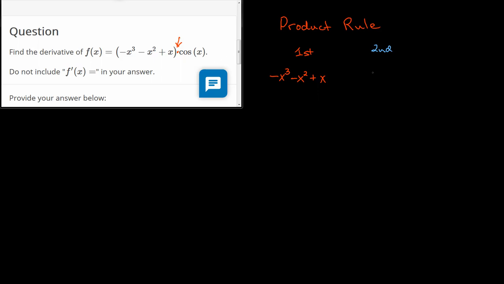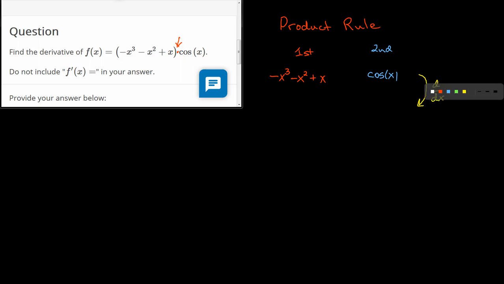In this case, that's cosine of x. Those are the two functions that I'm multiplying together, and the product rule says I need to be able to find the derivatives of both of these functions.